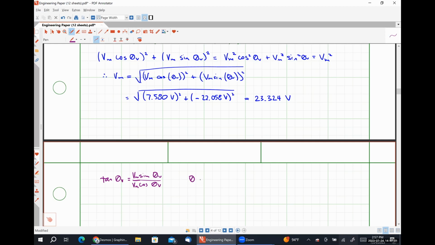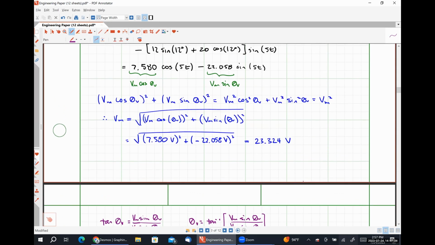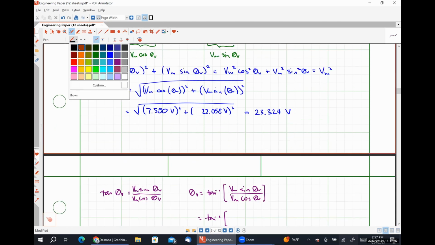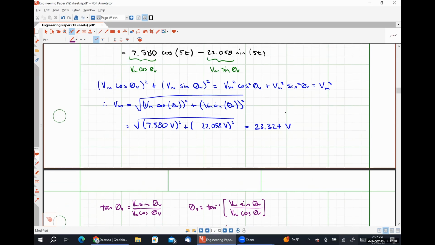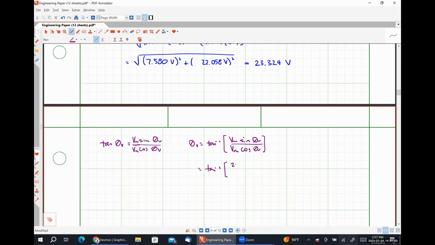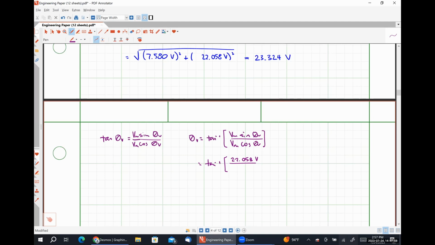So from that, theta v should be equal to the inverse tangent of Vm sine theta v divided by Vm cosine theta v, or the inverse tangent of, actually, I have a very slight mistake here that's not going to matter, but there shouldn't be a negative sign there. Because Vm sine theta v is just the 22.058. So my apologies for that. And then 7.580.